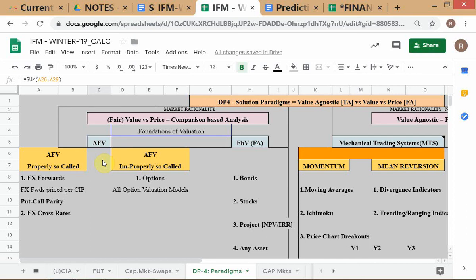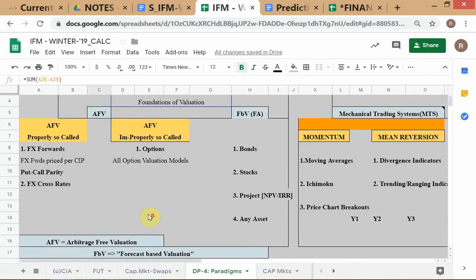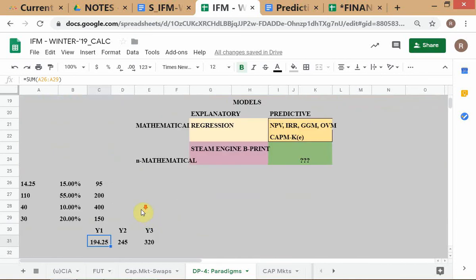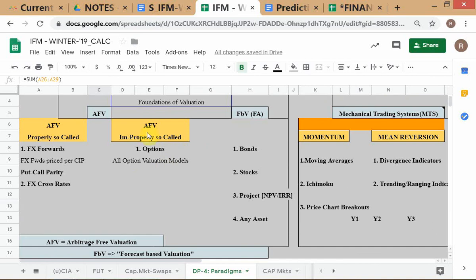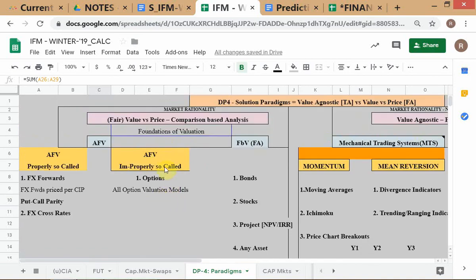Sometimes you may have forward rates, you may be selling something at a forward rate when computing the synthetic equivalent, and especially in option valuation this becomes more important. So this really is more important for forecast-based valuation and option valuation models.